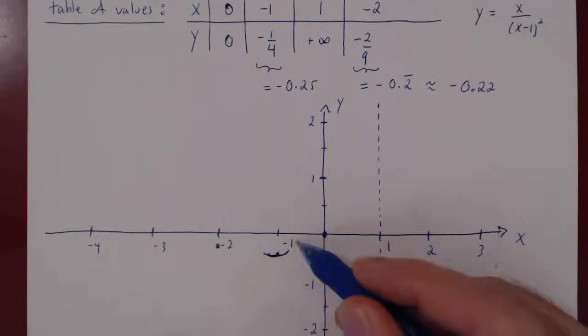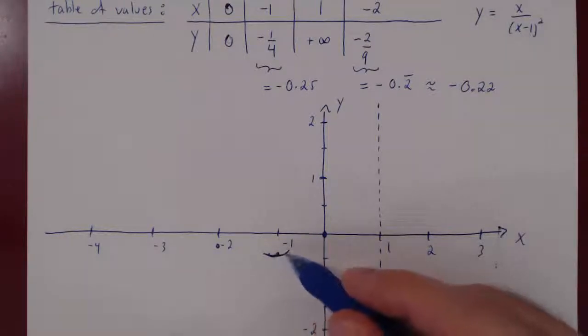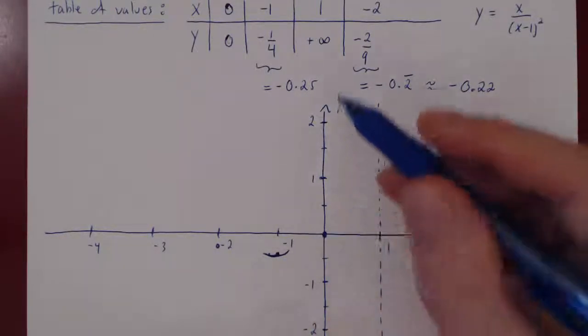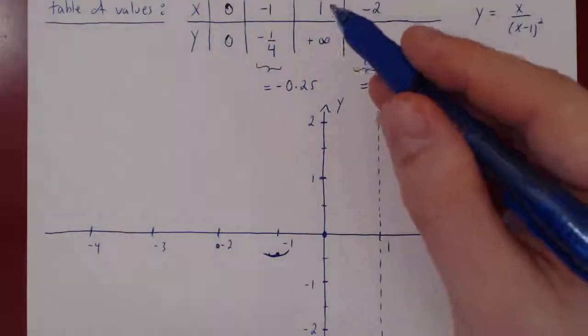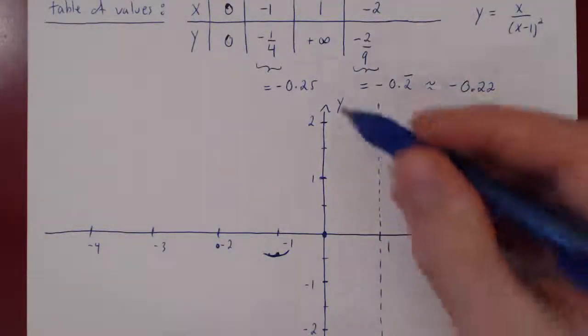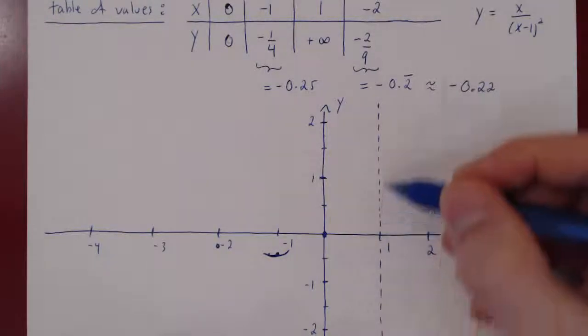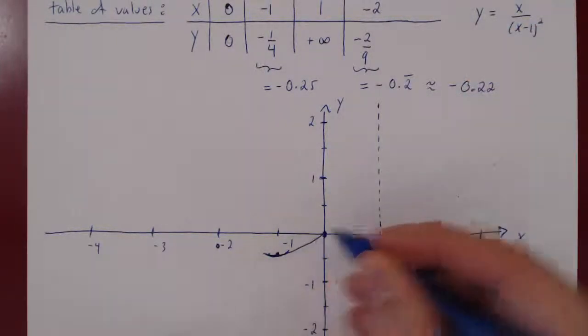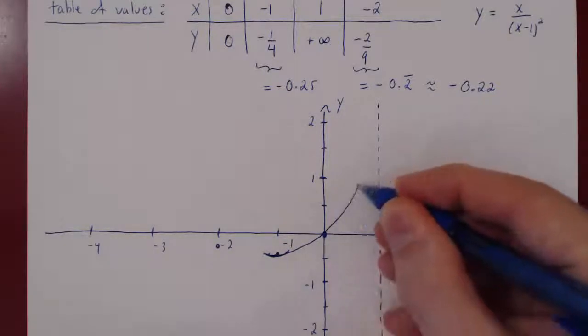Because the curve is concave up and increasing, it will remain concave up and increasing, and we know it will pass through this point. And we know that as we approach 1 from either side, and here from the left, y will shoot up to positive infinity. So the graph will look something like this.